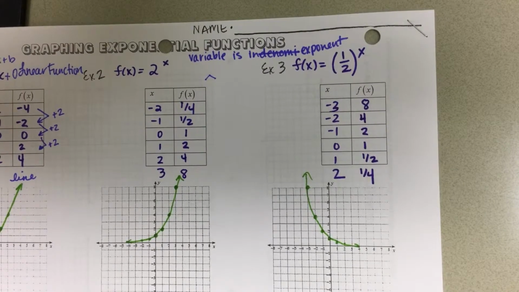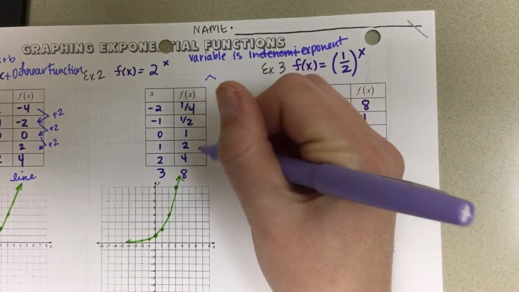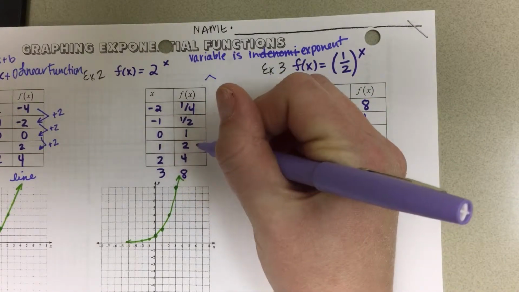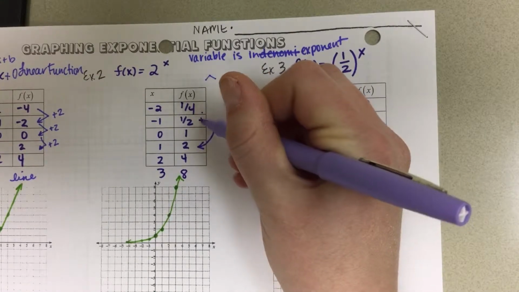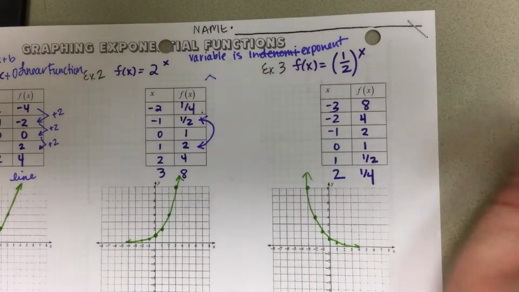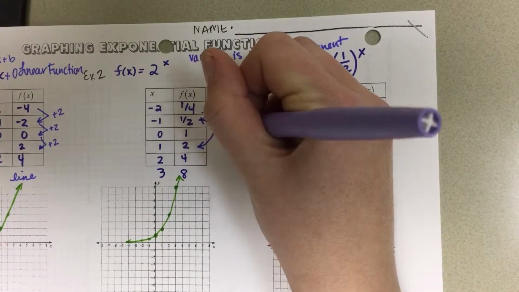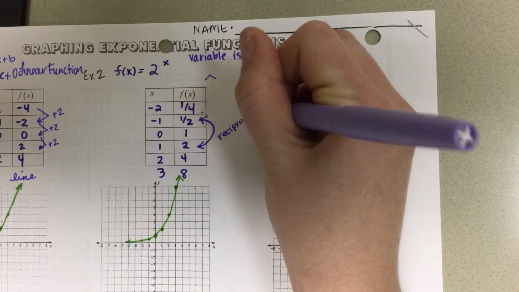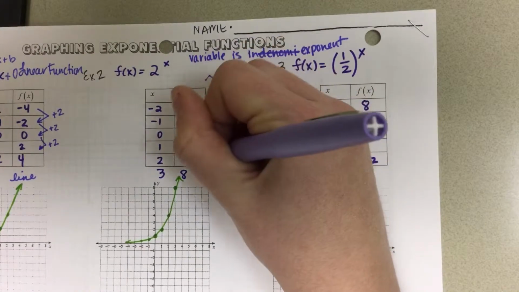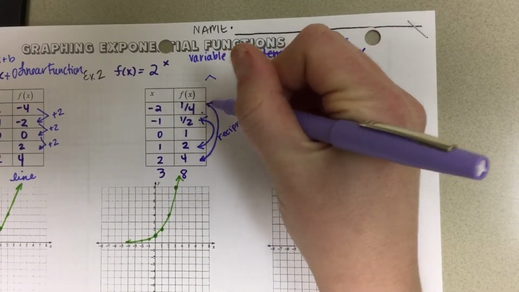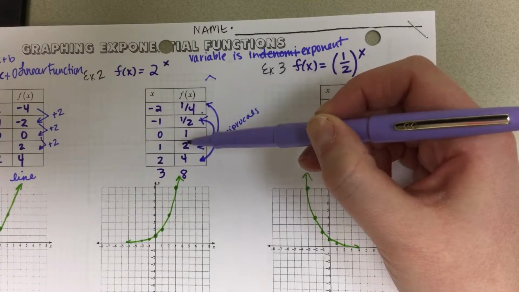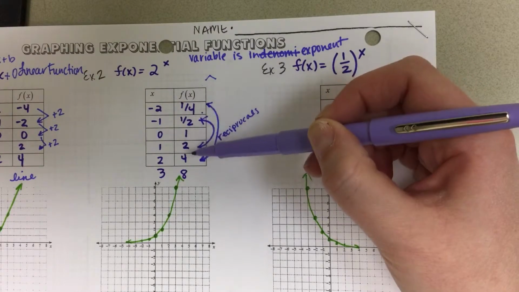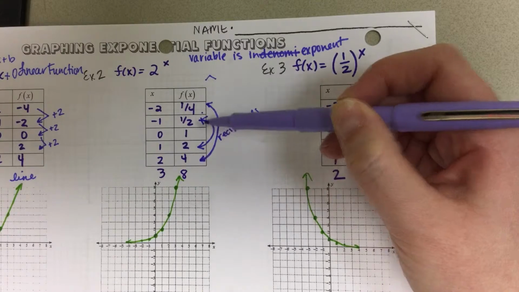Now there is one characteristic of these tables that I do want to point out to you: when I raise 2 to the first, I get 2, but when we raise 2 to the negative 1, we get 1/2, and these are reciprocals. The same thing's happening when I raise it to the negative 2, I get 1/4, but when I raise it to the positive 2, I get 4.